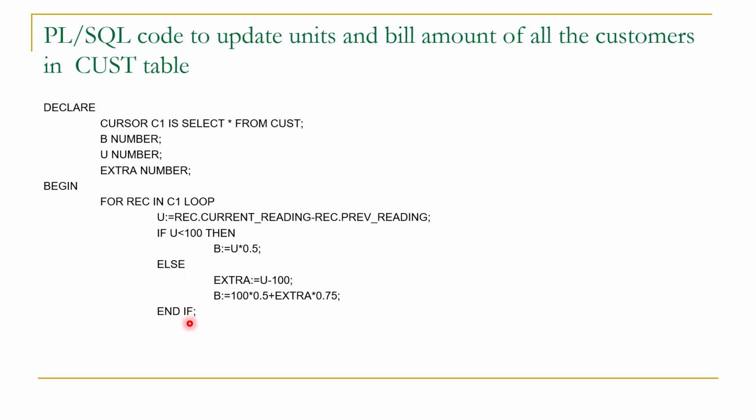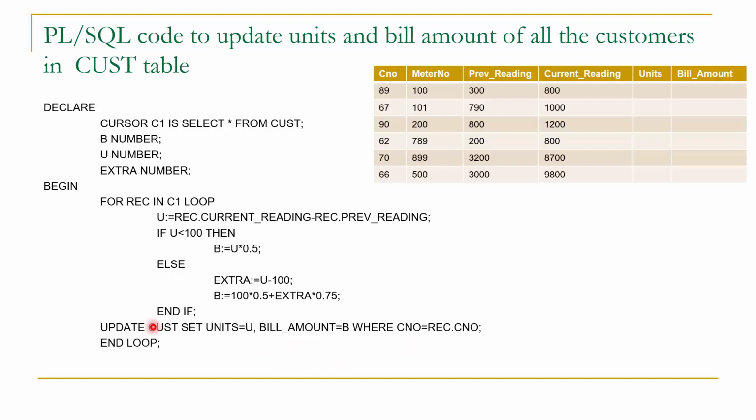This is the end of this if statement. After getting the value of B and U, it will be updated in the database by using the statement update cust, set units equal to U, bill underscore amount equal to B, where C number equal to rec.c number. This is the end loop of this cursor. In the first cycle, this rec.c number will refer to 89.